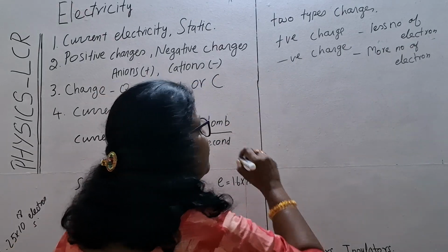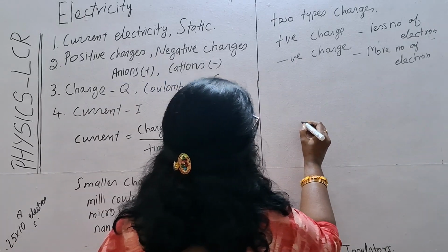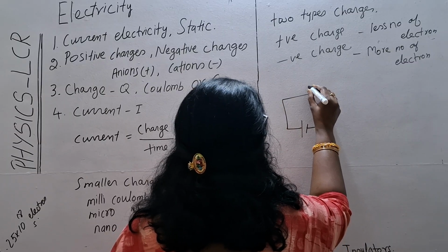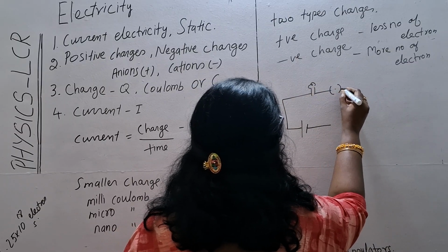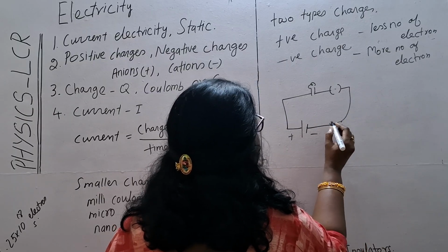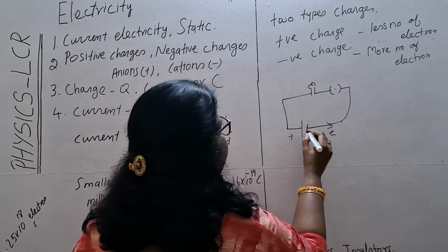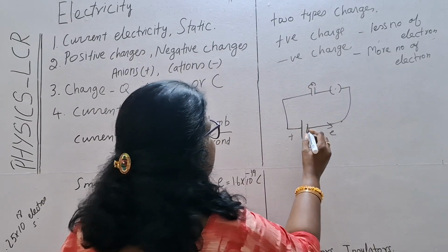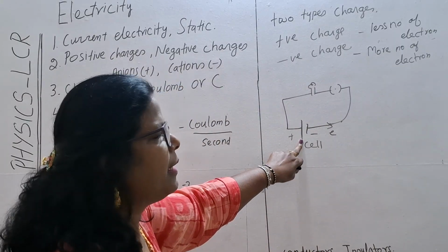Next, what is charge? Current flow means, just see here, we are taking a key, a positive terminal. This is a cell. One line is longer and one is smaller.